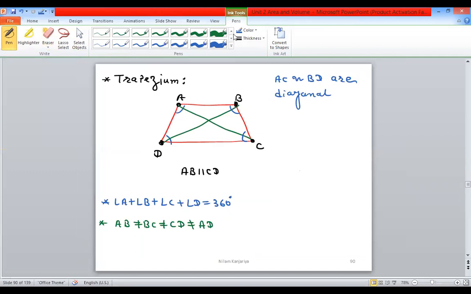And they bisect each other. Bisect means if I take a point between them, say M, the length of this part is equal to this one and the length of this part is equal to this one. That is called bisect. Bisect means to partition into two equal parts. So here I take M. AC bisects BD, that means AM is equal to MC and BM is equal to MD. This is the meaning of bisect.